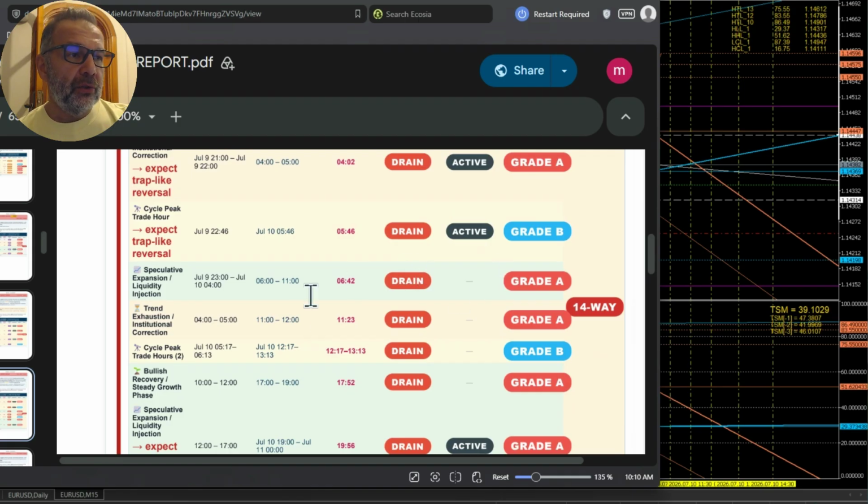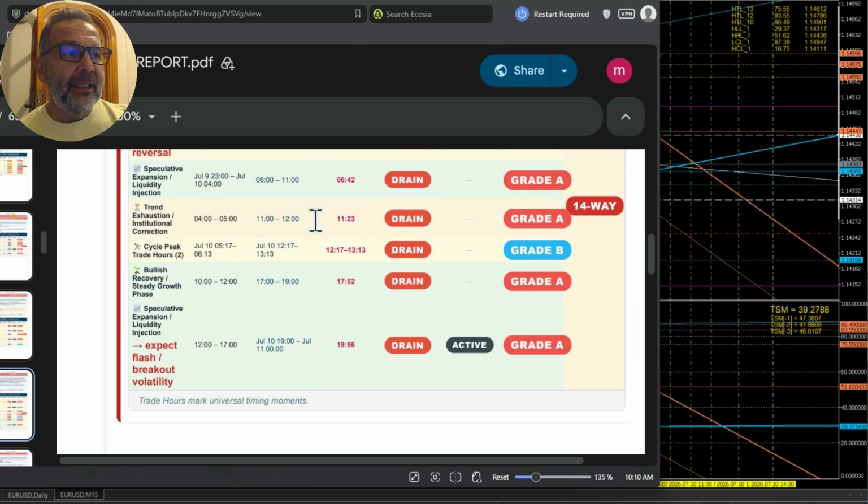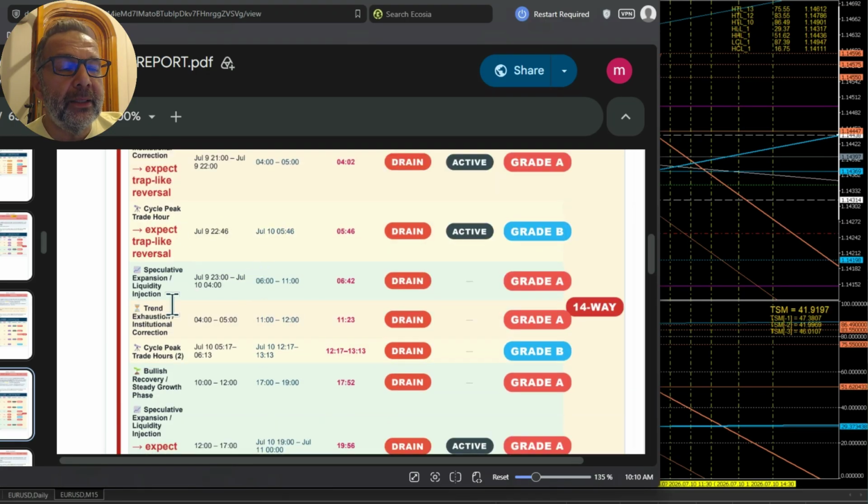So here you can also select your trading period, and you can see this looks hot. If anything's going to happen, this is the zone, and we're expecting a flash breakout volatility. Look, trend exhaustion, institutional correction at 11:25. Who gives such an explanation? Look at this.